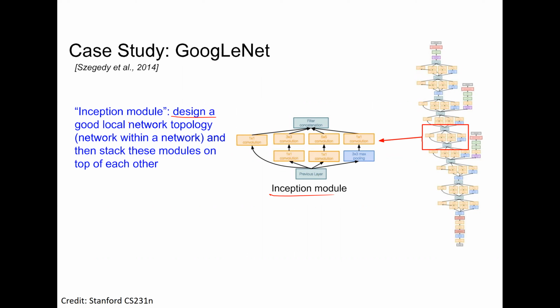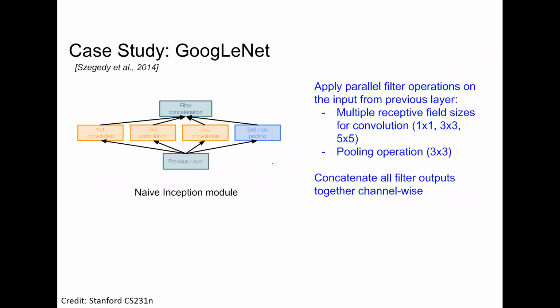It designed a good local network topology, a network within a network, and then simply stacked this inception module to design GoogleNet. That is the basic idea. A naive inception module would look like this.